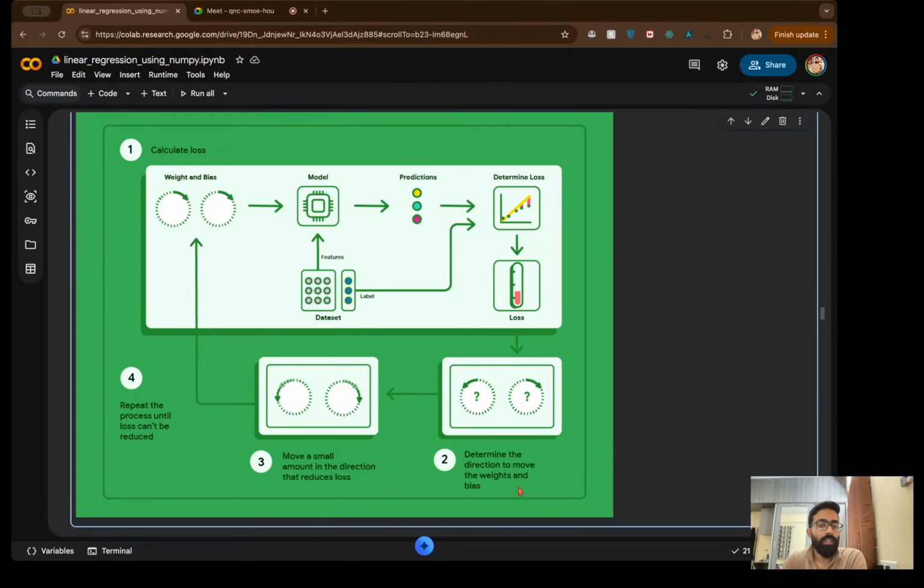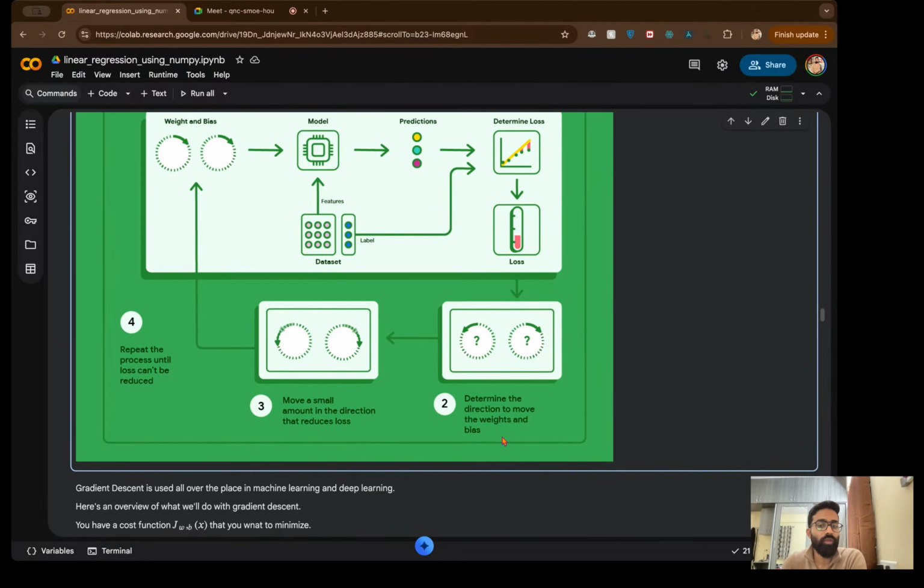The second step is to determine the direction to move the weight and bias. So let's say weight is 100, bias is 100. Now the algorithm will determine whether I should increase or decrease the value of W, and whether I should increase or decrease the value of B. It will determine the direction simultaneously.